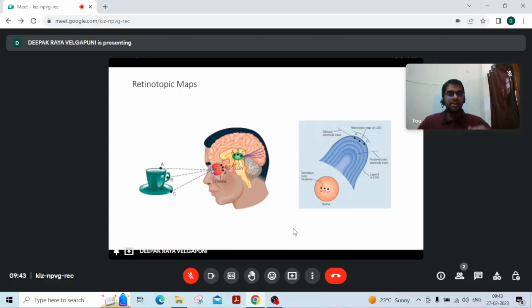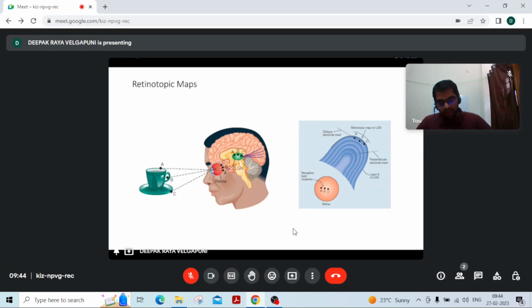This correspondence, how the real world space is present in the brain, like which neuron responds to which point in the real space, is a mapping between the real world and the space in your brain. This kind of correspondence mapping is called retinotopic maps.